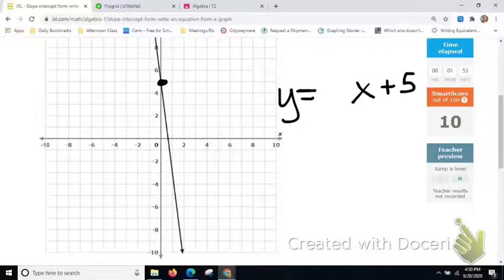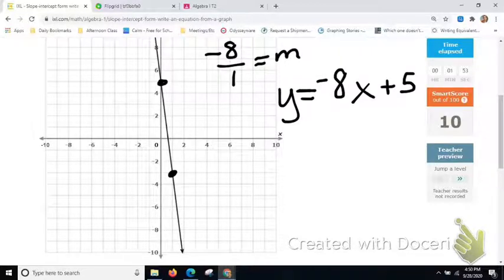So in this case, it's going down, down, down. The next perfect corner I think I see is down here, which would be that it went down 5, 6, 7, 8, and over 1. That would be my slope, which would just be the same as saying -8.